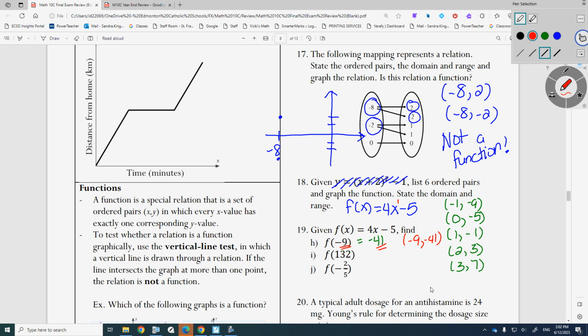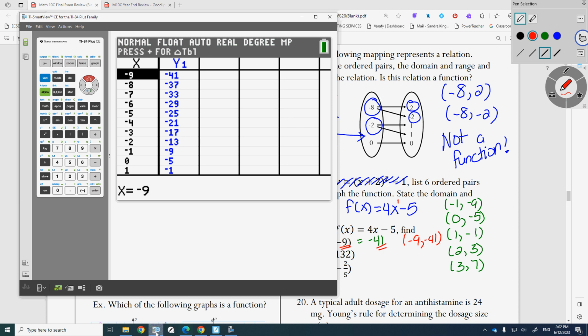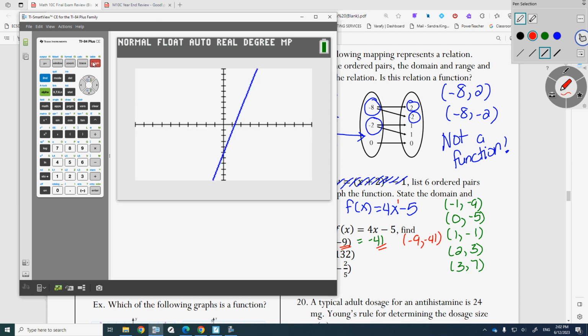Now, f of 132. I don't want you to scroll down to 132, okay? I'm going to show you 2 ways that you could get this. One of the ways is a 20-1 method, so don't worry if you forget about this on your exam, because I'll show you the algebraic way. Go to your graph here, hit second, trace, that's calculate.